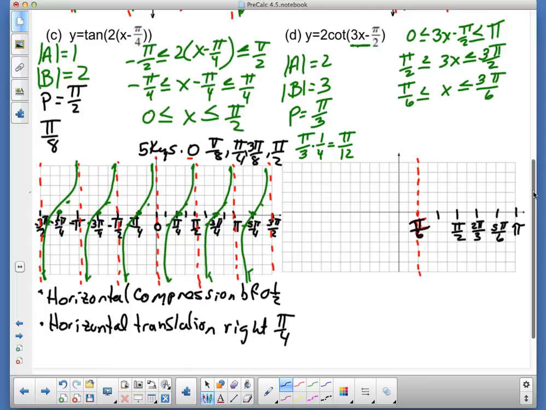Okay, and it's pi over 6, 2 pi over 6, which is pi over 3. And keep in mind, in between here are pi over 12s. And I'm going to go back here, pi over 6, pi over 2, 2 pi over 3, 5 pi over 6.